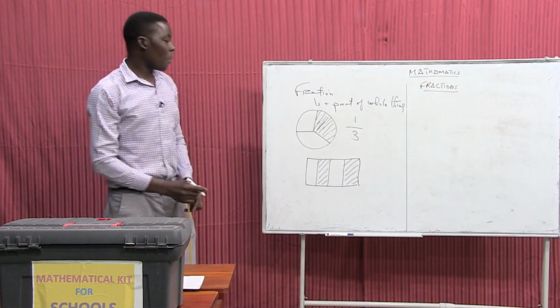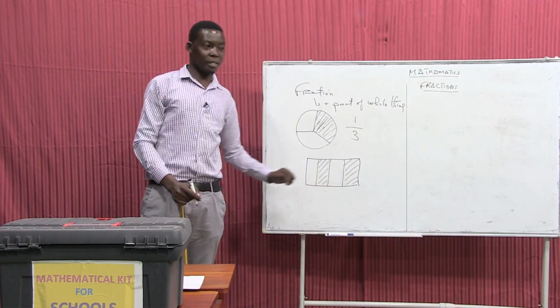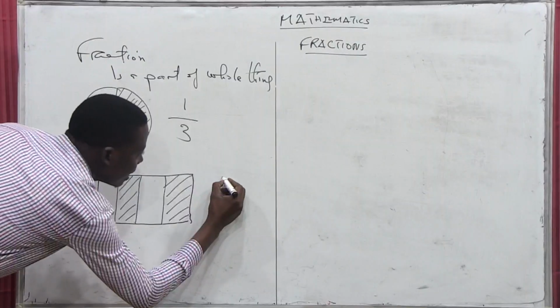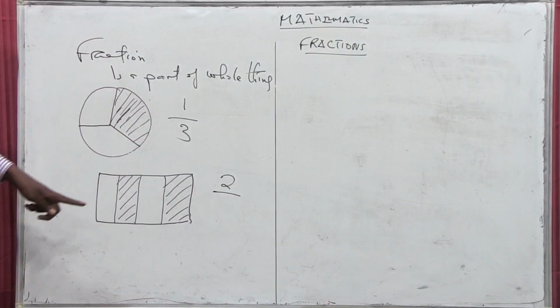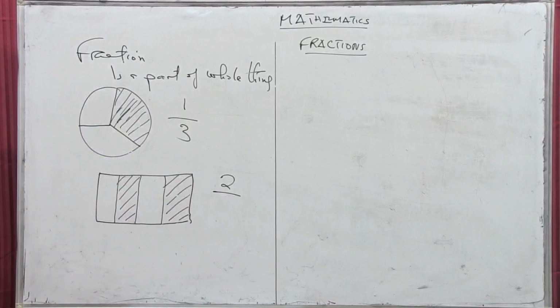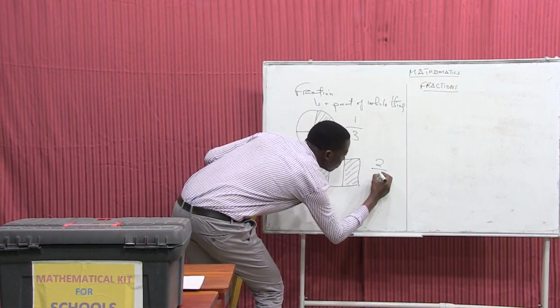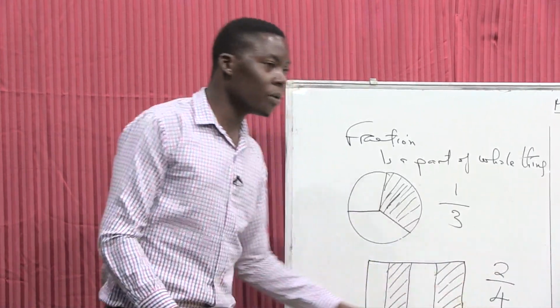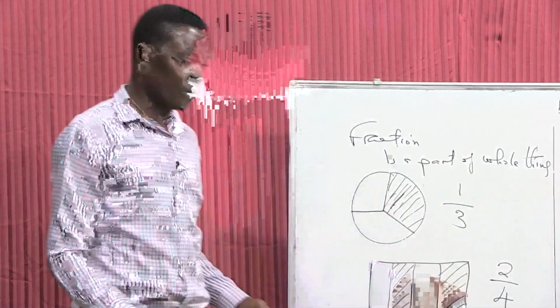Now, what is the shaded fraction? Two parts are shaded, one and two, out of four parts. So the shaded fraction is 2 over 4. So 2 of 4. Are we together?